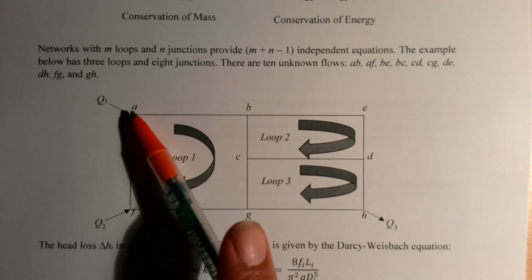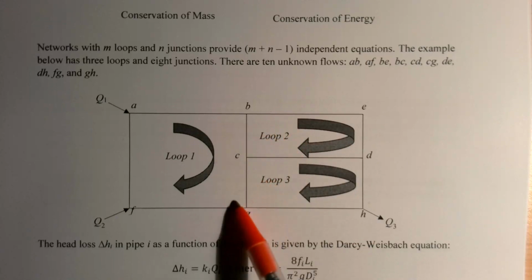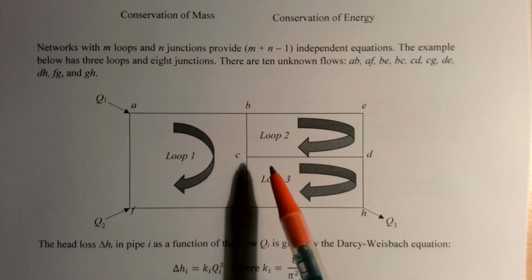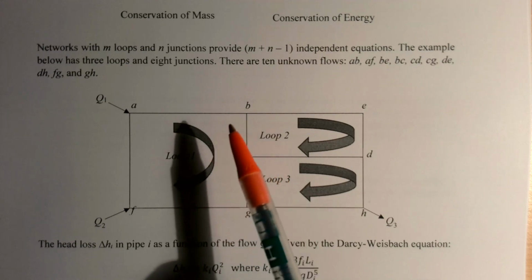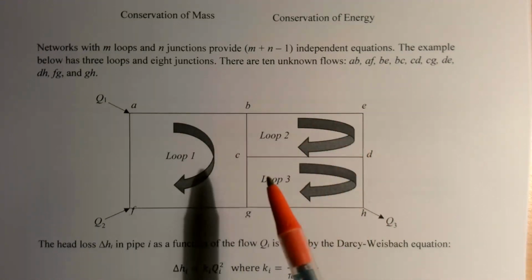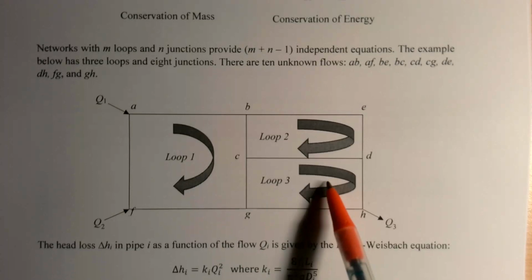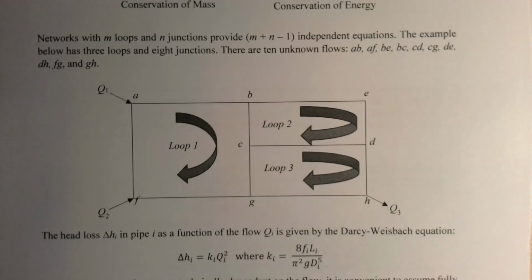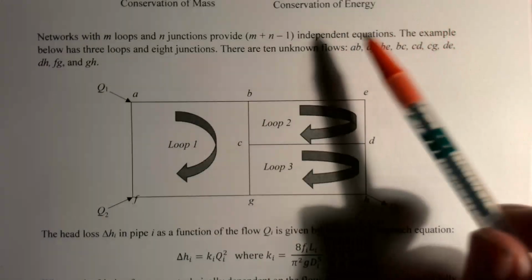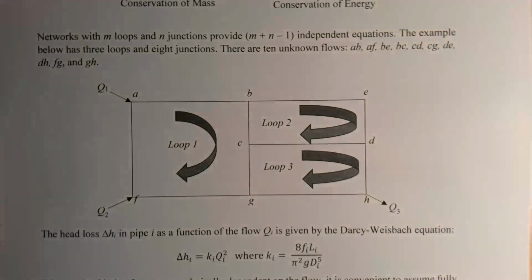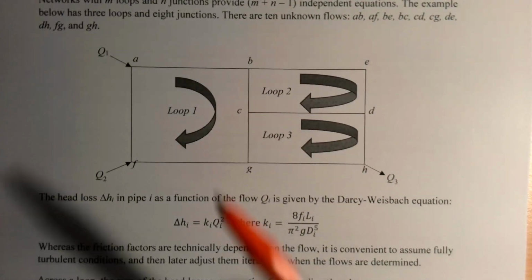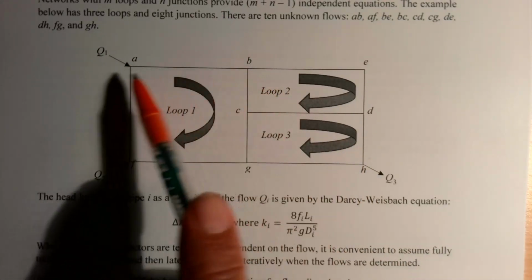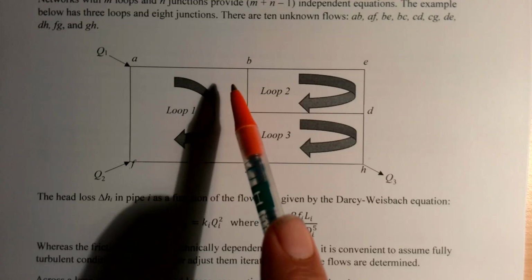And then if you look at the junctions, we've got 1, 2, 3, 4, 5, 6, 7, 8. Okay, so 8 junctions, and we've got 10 different flows, and then we've got 3 different loops, as you can see drawn here. So that means that we have unknown flows in each of these different pipes, and across each of those distances, like from A to B, there's an unknown flow.